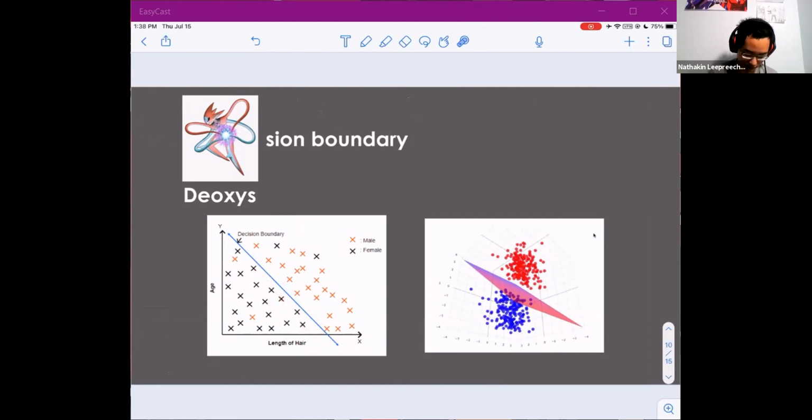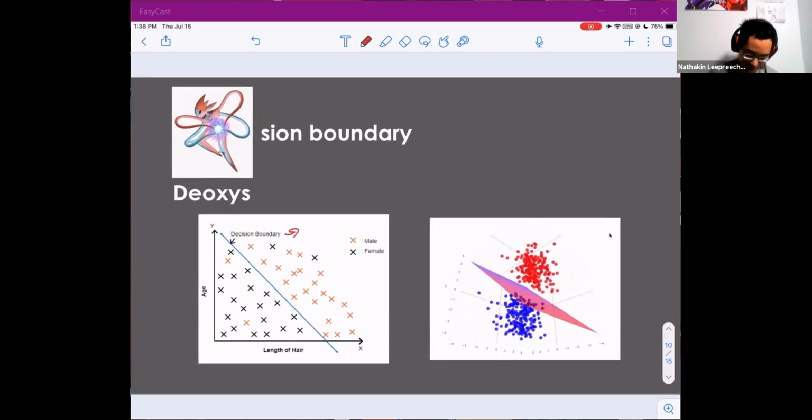We want to draw a decision boundary, and that decision boundary is also a line equation, which is just f of x equals beta 0 plus beta 1 x. That line is drawn so that it can separate the data. One side is going to be class 0, and the other one is going to be class 1. So something like that.